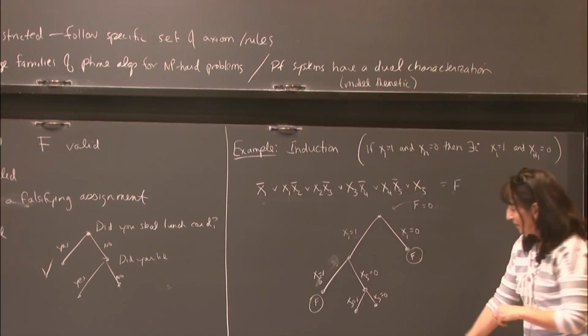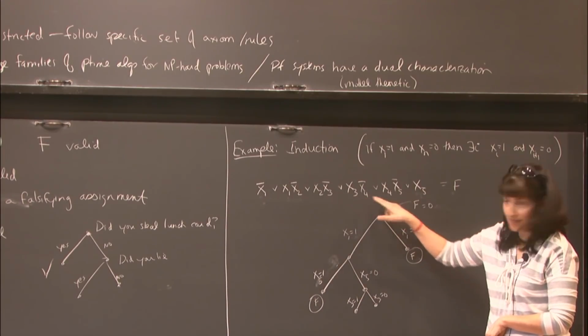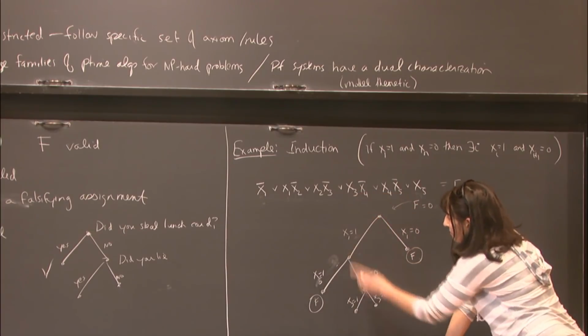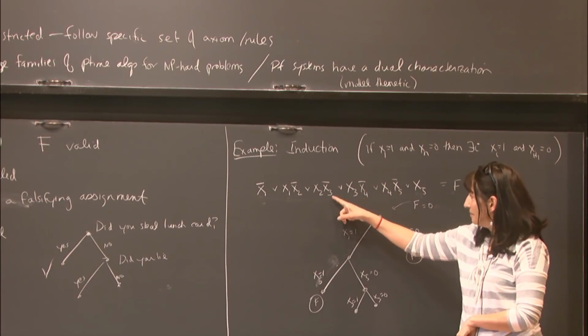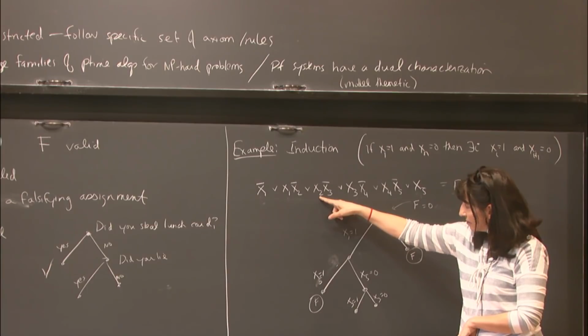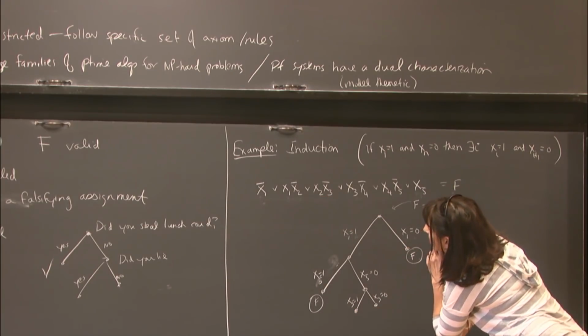And so when I set x3 to 1, nothing's happened yet. I haven't forced anything to true. So when I set x3 to 1, what do I want to set next? So I guess I want to set x2. I think that's right. No, let's see.